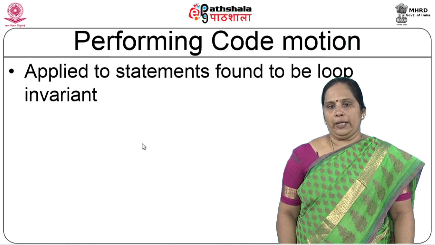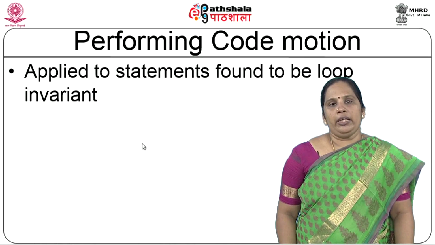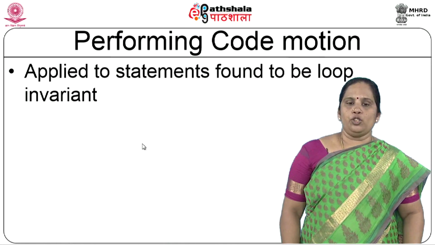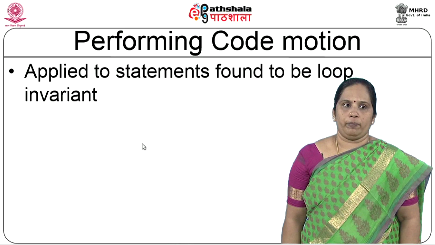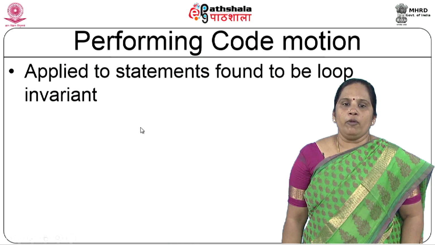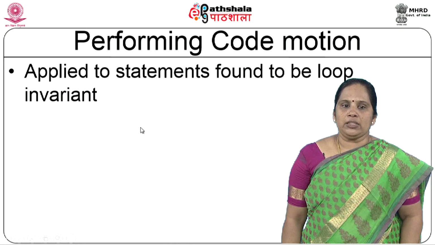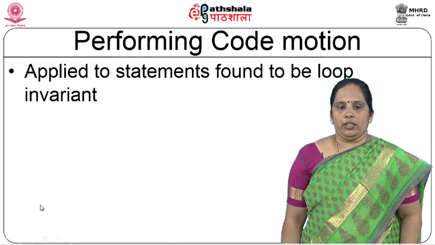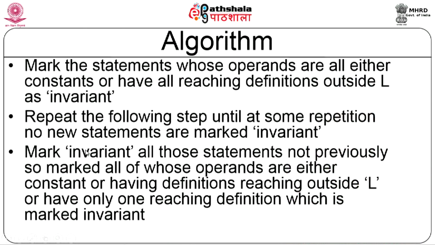Now, after determining loop invariant statements, the job is now to perform code motion. So, the code motion is typically applied to statements found to be loop invariant. So, first thing is you have to mark them as loop invariant. 3 steps. First step is statements that have the reaching definitions outside the loop are marked as invariant.